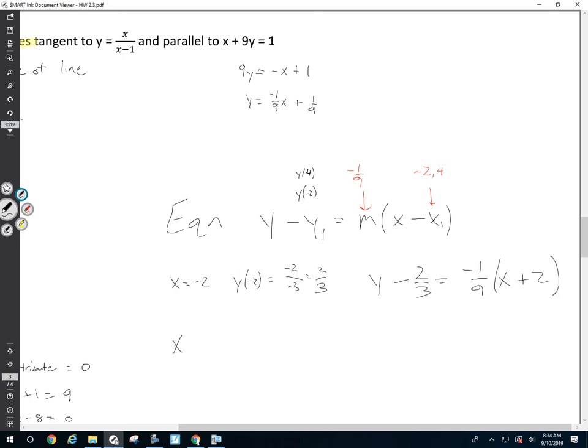And then if x equals 4, y of 4 is 4 over 3. So I get y minus 4/3 equals -1/9 x minus 4. Don't believe me? Let me show you.